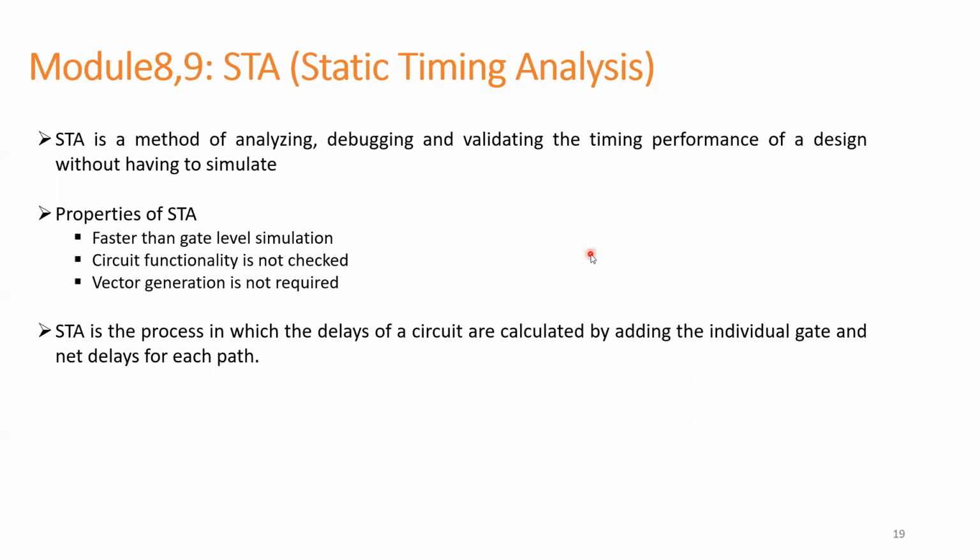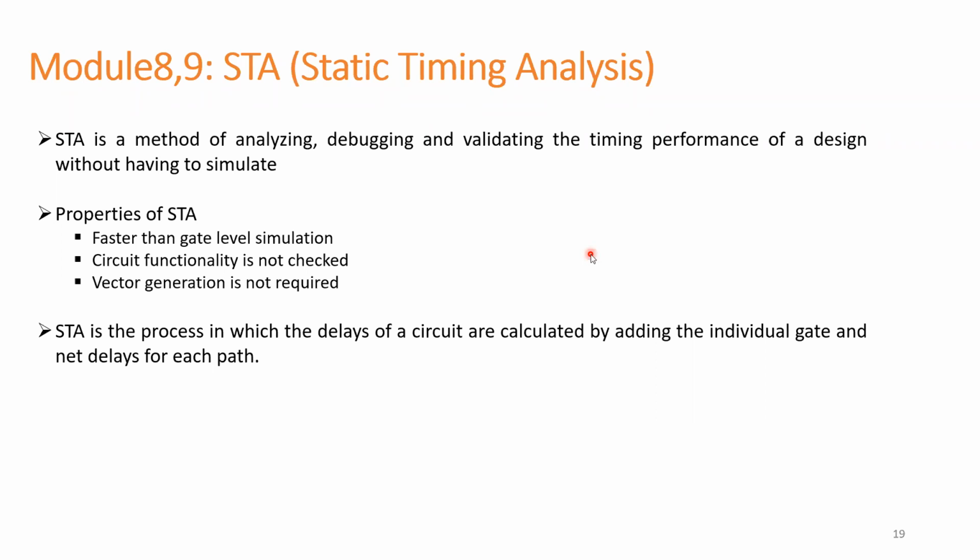So in modules 8 and 9, STA part 1 and part 2. In part 1, we will study STA. For timing analysis, we have two types: static timing analysis and dynamic timing analysis. In industry, almost all companies use only static timing analysis, because dynamic timing analysis requires input vectors.